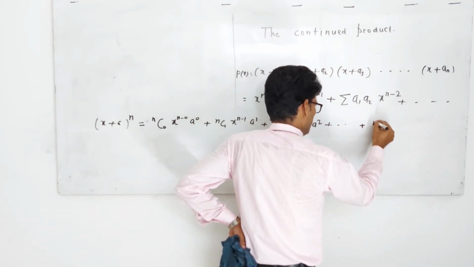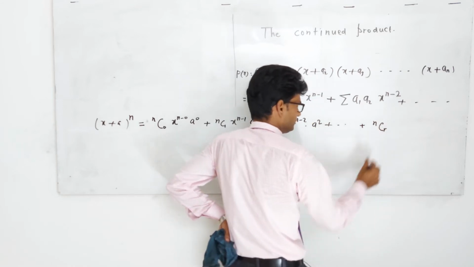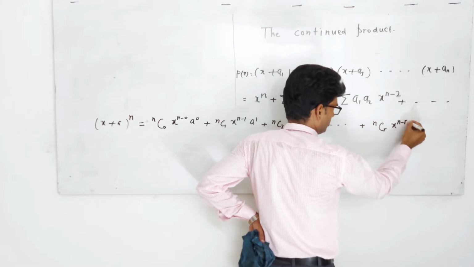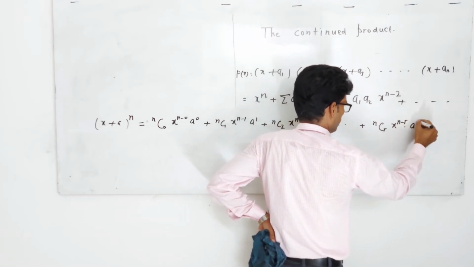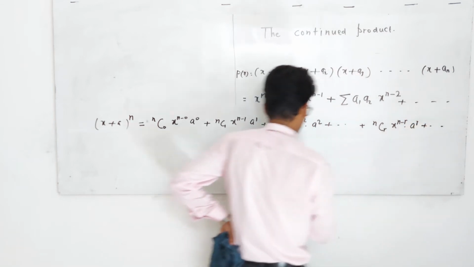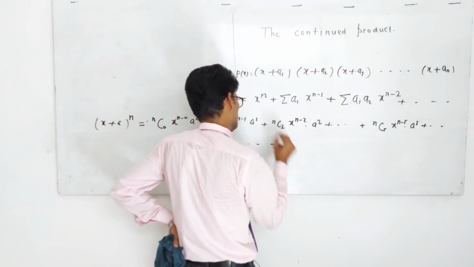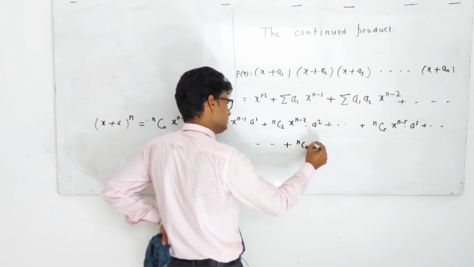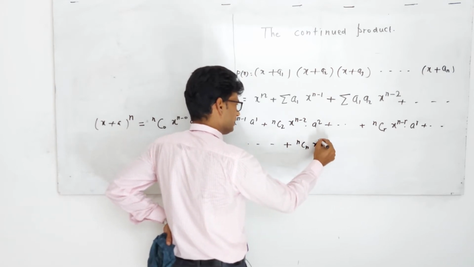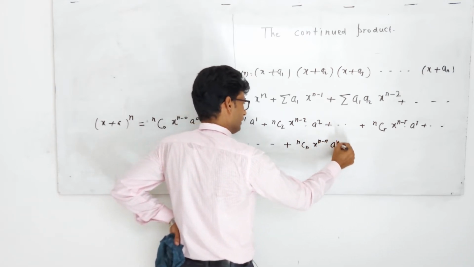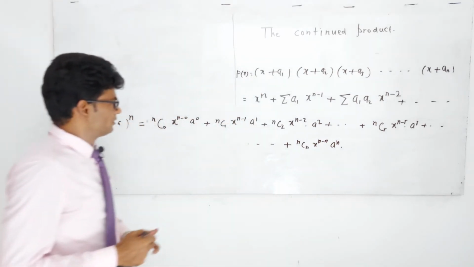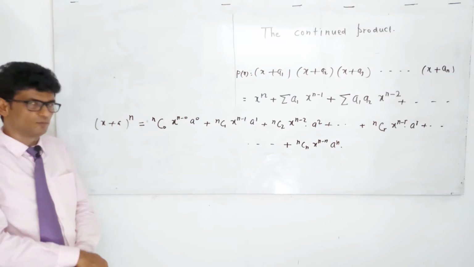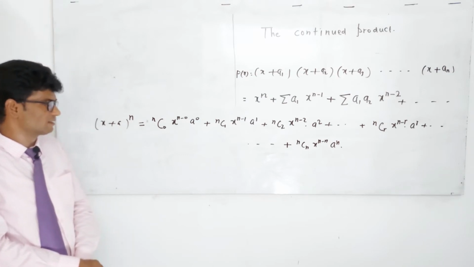If we write here nCr, then we have to write x to the power of n minus r into a to the power of r, and so on and so forth. The final term, or the last term, is nCn x to the power of n minus n, a to the power of n. This is called the binomial theorem of positive integral index.